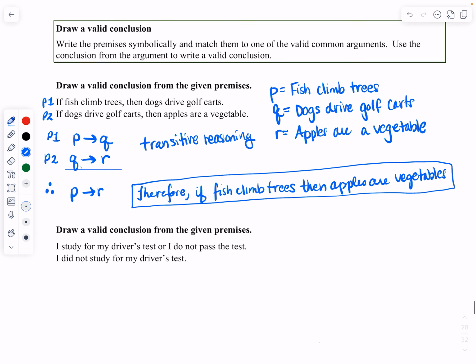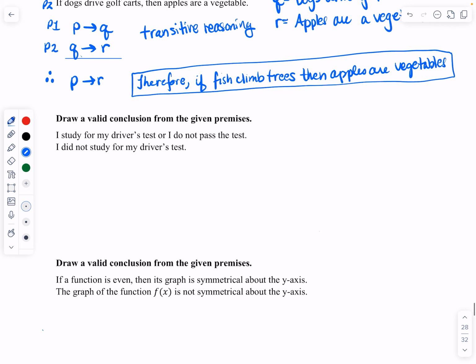All right, here's another one. Draw a valid conclusion. I study for my driver's test, or I do not pass the test. I did not study for my driver's test. Okay, so for P1, we've got to label what is P and what is Q. I study for my driver's test is going to be P. And Q, I'm going to let that equal I do not pass the test.